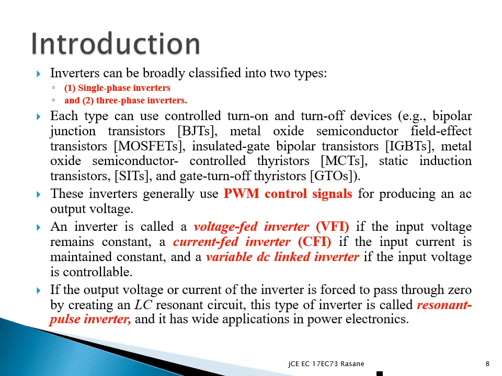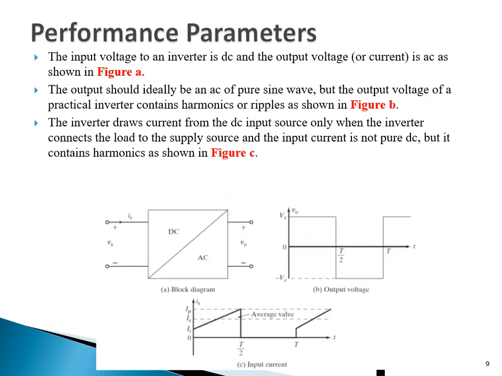If the output voltage or current of the inverter is forced to pass through zero by creating an LC resonant circuit, this type of inverter is called a resonant pulse inverter, and it has wide applications in power electronics. So this is another type of inverter. These are the different types of inverters that we have been looking into.